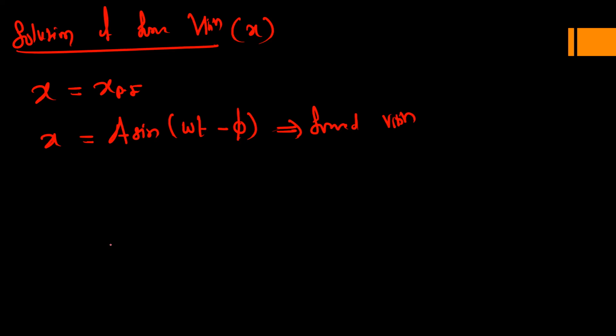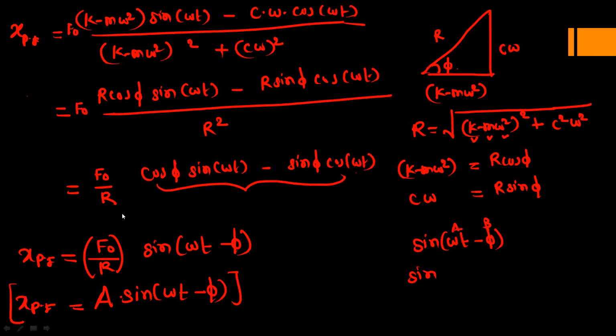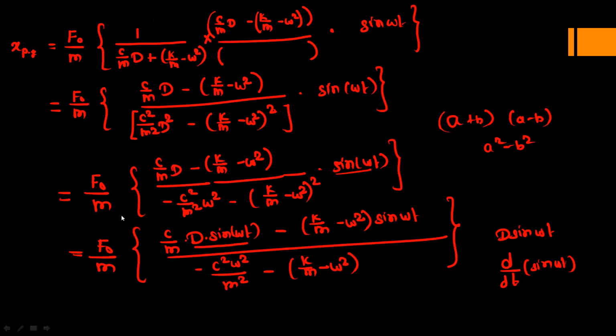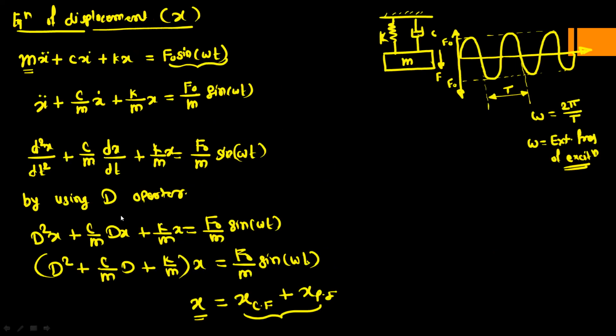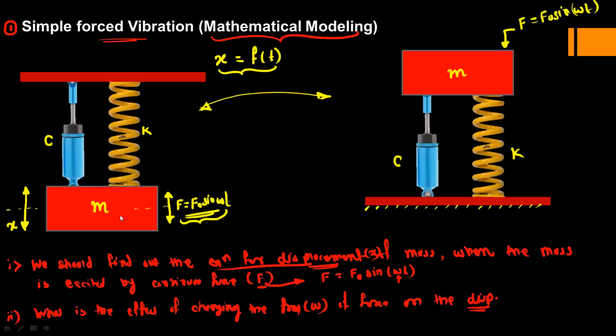If you refer to the starting of this derivation, our first aim was to find the equation for the displacement. That equation we have just found: x is equal to A sine omega t minus phi. The second aim is to find the effect of changing the frequency of the force on the displacement.